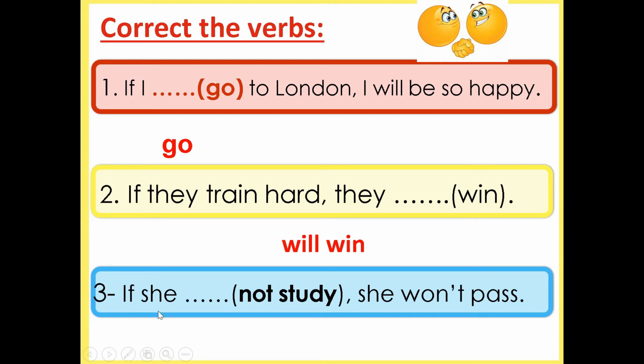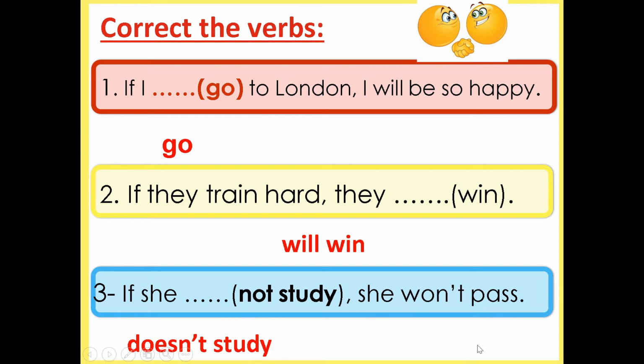But if it is they, you, I, or we, you have to add don't. So here we have a singular form, which is she. So I can say, if she doesn't study, she won't pass.